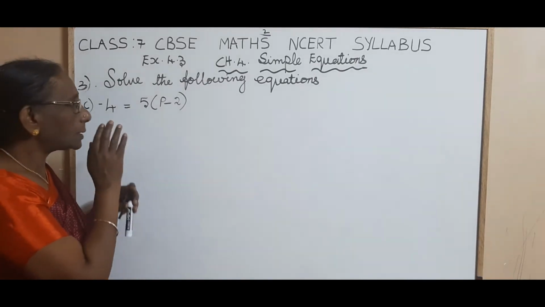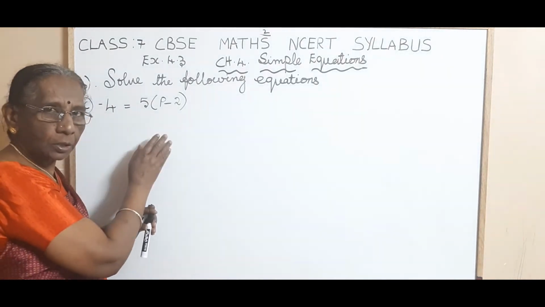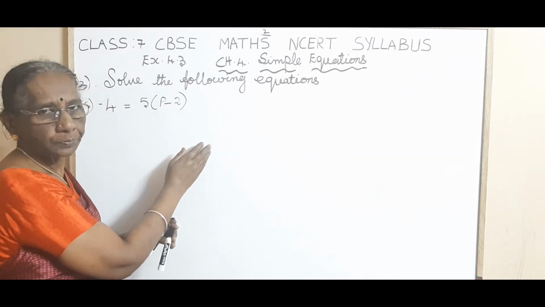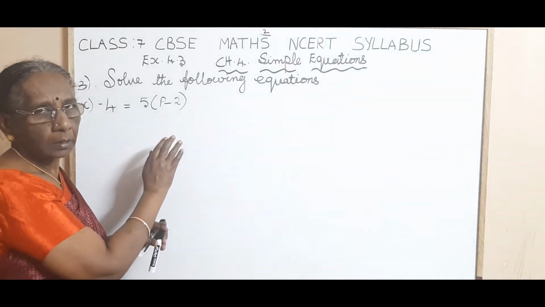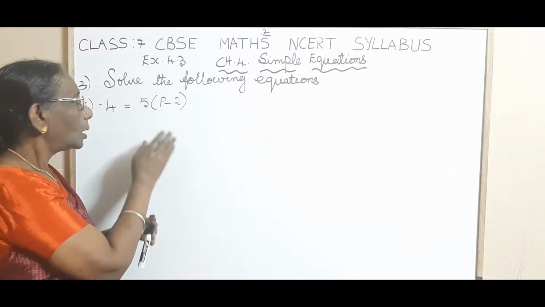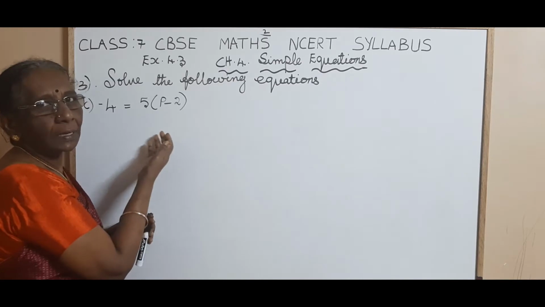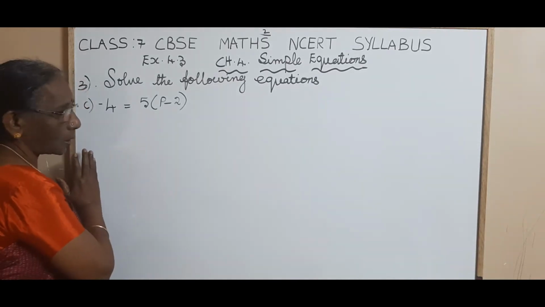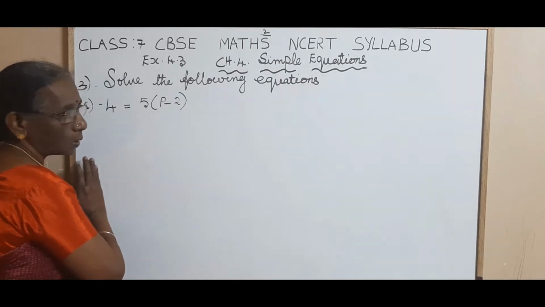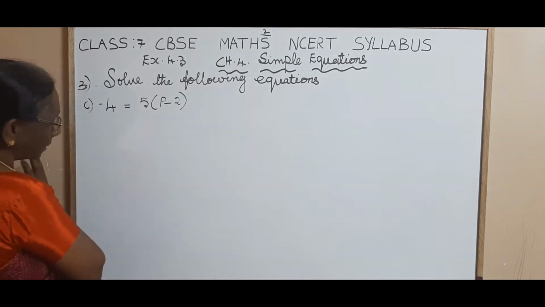Okay, always in the equation, the variable should be in the left hand side and the constant should be in the right hand side. Why? We have to find the value of the variable. Isn't it, children? So, if you have variable in the right hand side, it will be very difficult to do the calculation, because here you have a margin, so you cannot go this side.